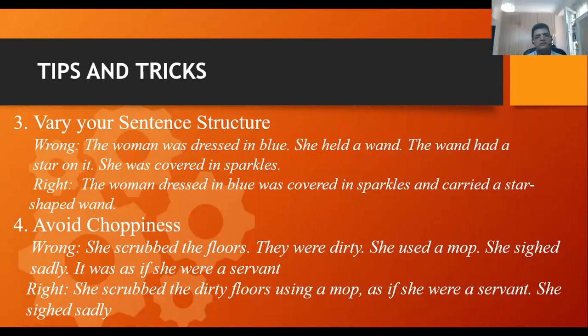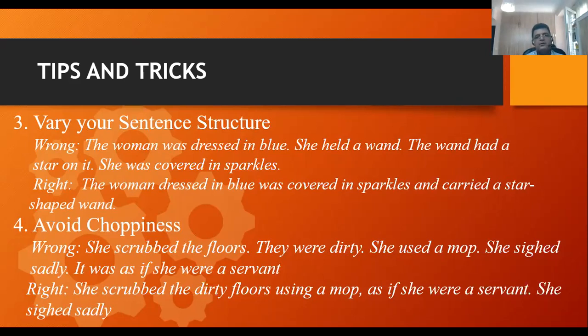So you should change it to: the woman dressed in blue was covered in sparkles and carried a star-shaped wand. Actually, you use different types of sentences such as compound and complex. So in the online course, we can discuss all these details: when we say sentence structure, we are talking about simple sentence, compound sentence, complex sentence, and compound-complex sentence. So you should have this diversity in your academic writing.